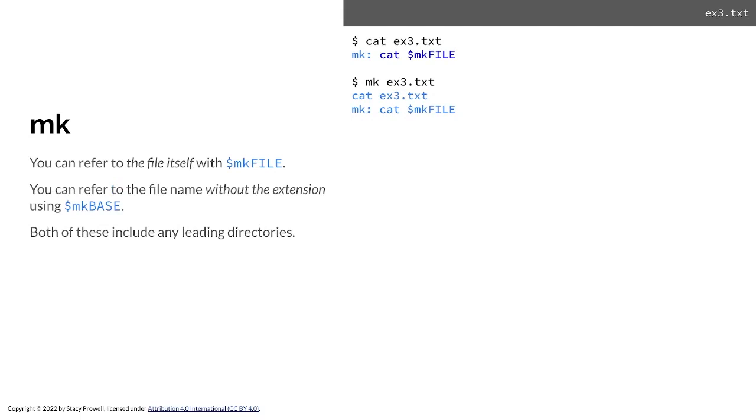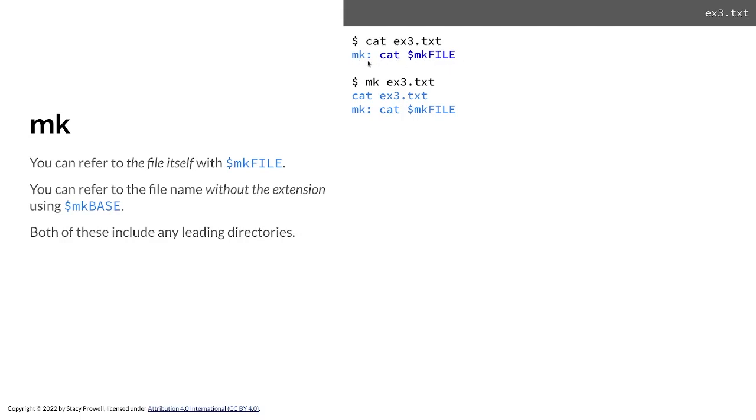Similarly, files can refer to themselves. The file that the little make string is in is bound to a variable for the time that it's running, and that variable is $MAKEFILE. So here I have a really silly little thing, a little text file.